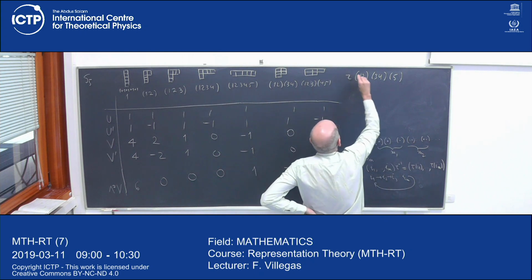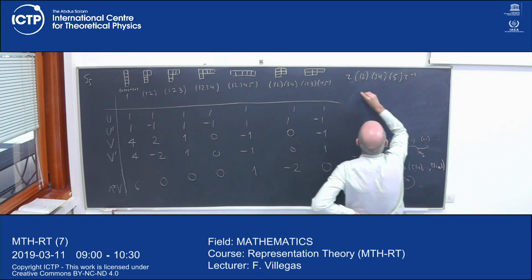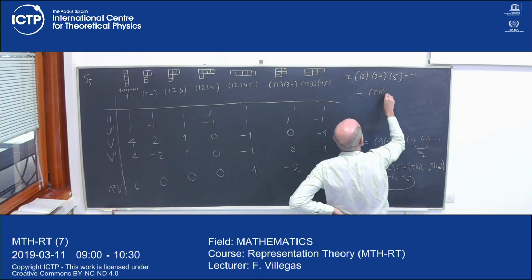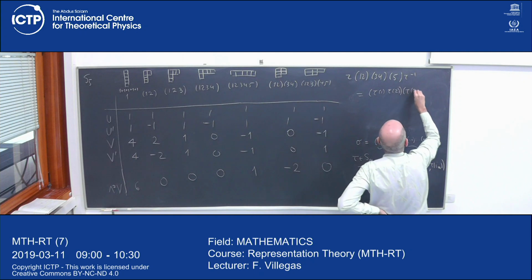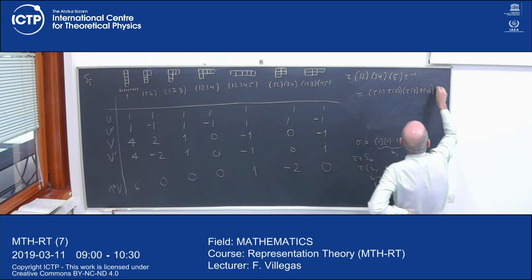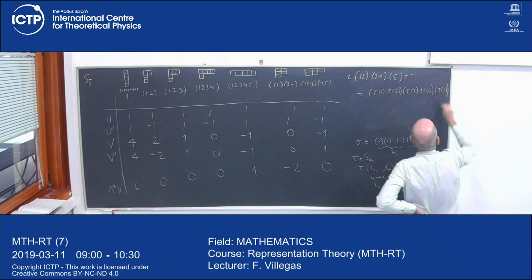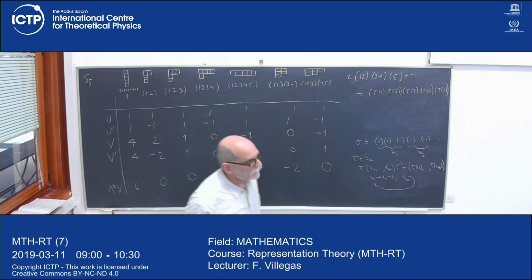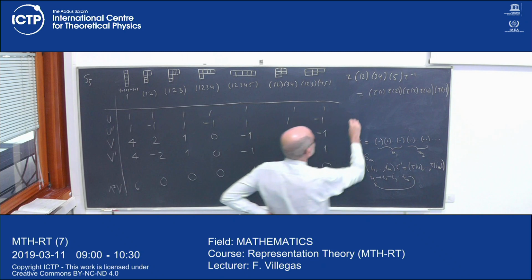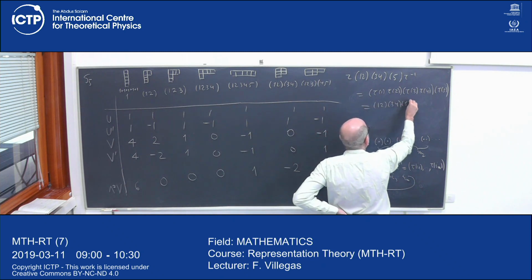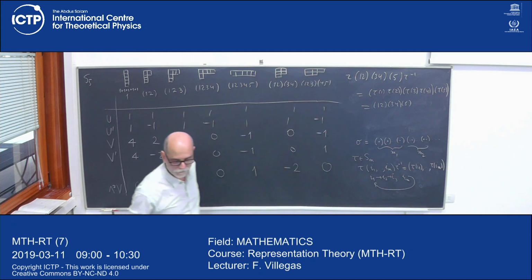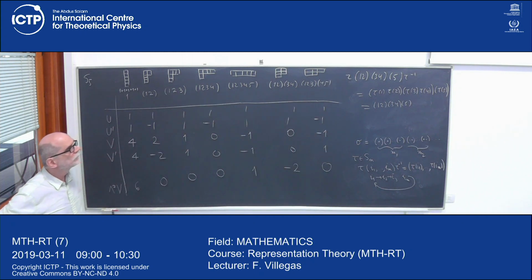If I apply tau inverse to this, I'm going to get tau of 1, tau of 2, tau of 3, tau of 4, and tau of 5. So what should tau be if I want this to equal (1 2 3 4 5)? What are the possibilities for tau? It kind of changes the 1, 2 with the 3, 4.